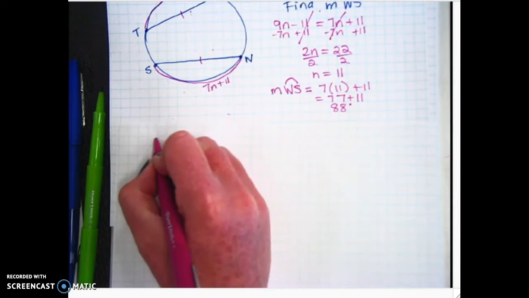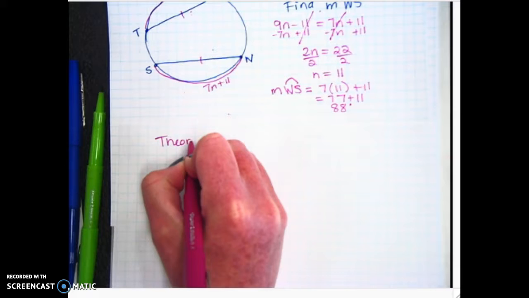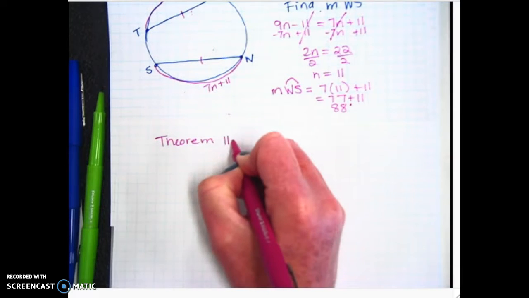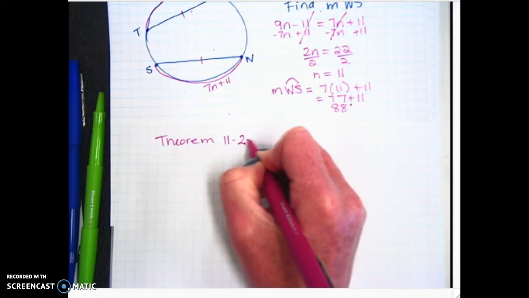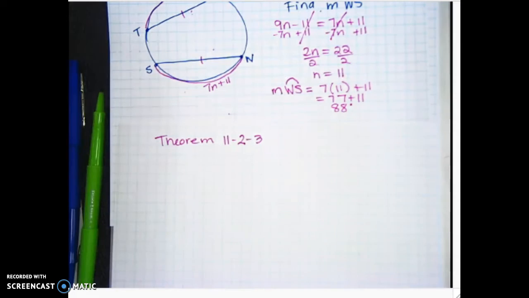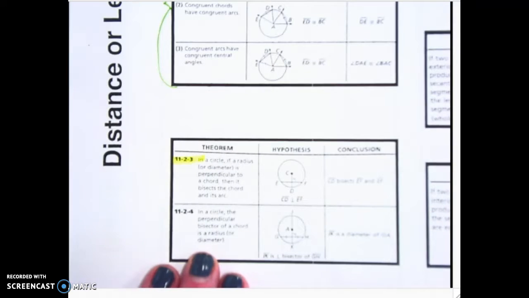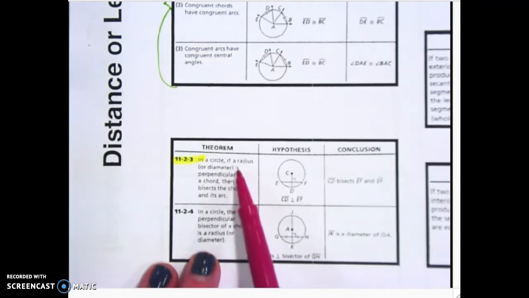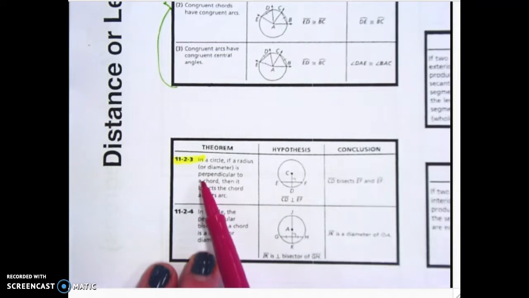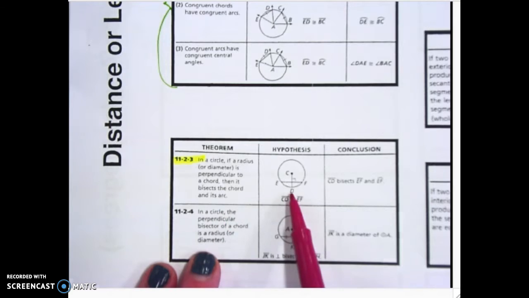Now we're going to talk about theorem 11-2-3, which is also on that list of theorems. It's right underneath the one we just looked at, right? And here's what it says. 11-2-3 says, in a circle, if a radius or diameter is perpendicular to a chord, then it bisects the chord and its arc.